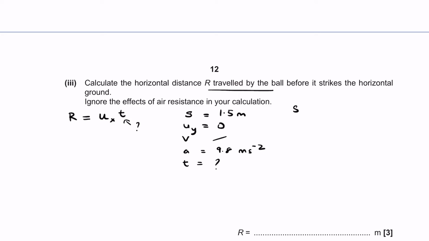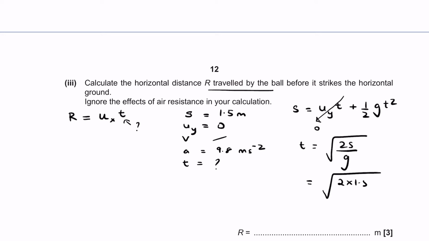So S is equal to uyT plus half aT, or rather gT squared, and this basically becomes 0, and therefore T is the square root of 2S over g. In other words, it is the square root of 2 times 1.5 over 9.8, which gives me a value of 0.55 seconds.